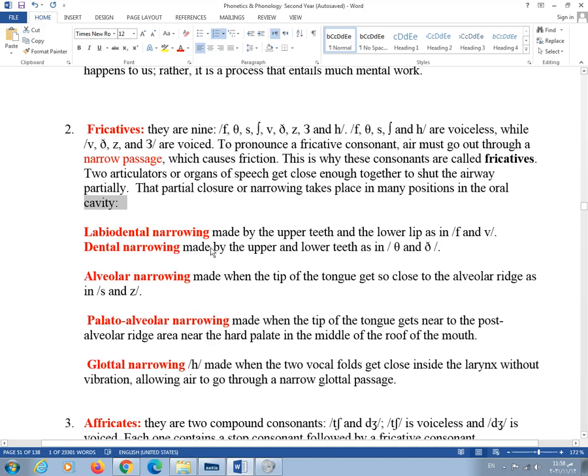Dental narrowing as in th. Alveolar narrowing as in s and z. Palatal alveolar narrowing as in sh and zh, and glottal narrowing as in h.